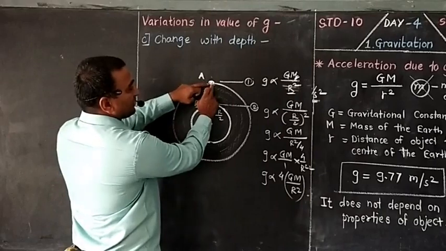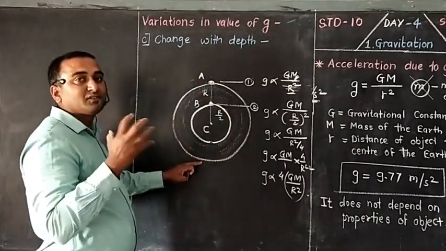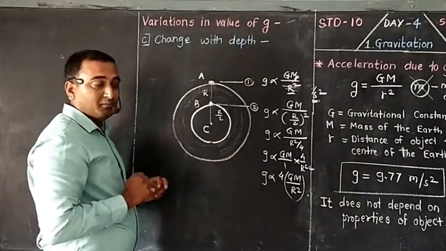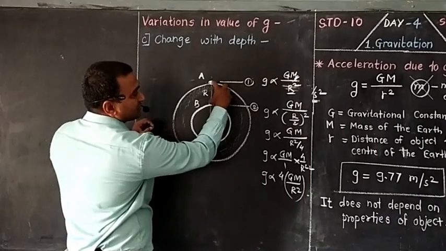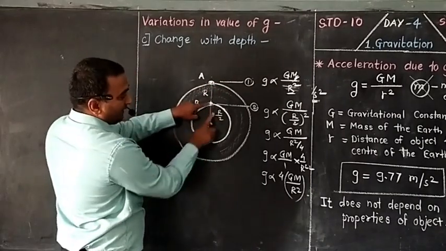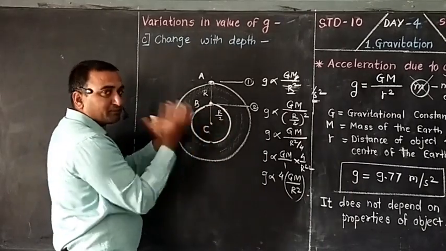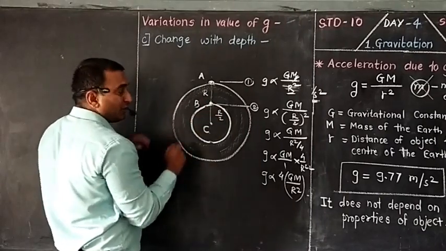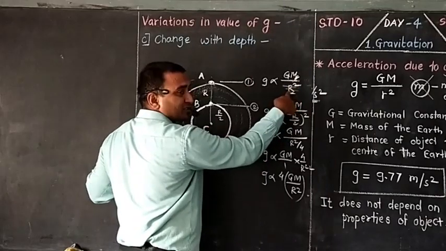Definitely, when the object was at A, the total Earth was considered. So we consider the total mass. But when the object is moved from A to B, this distance decreases. So by taking BC as a radius, we have to consider the sphere, and that sphere's mass decreases. So here the mass is also changing and the radius is also changing.